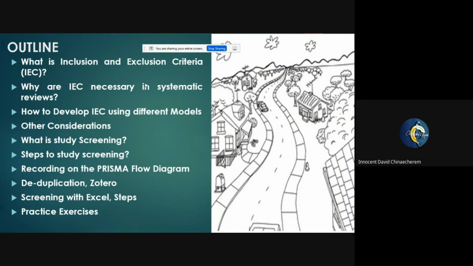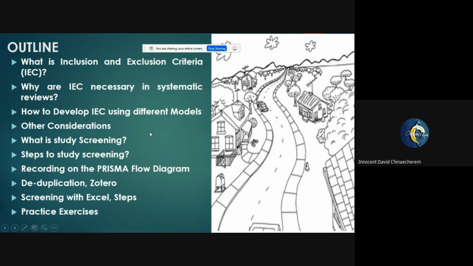And then we also took a look at some of the steps in performing our study screening. These are actually very important, and also how we can record on the PRISMA flowchart using Zotero and Excel.